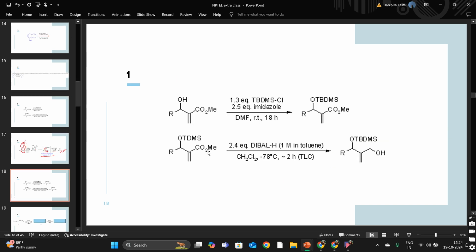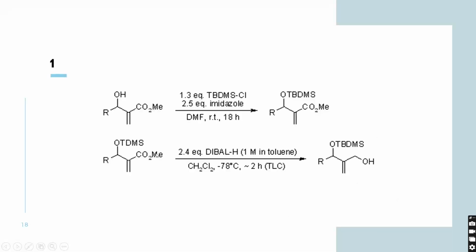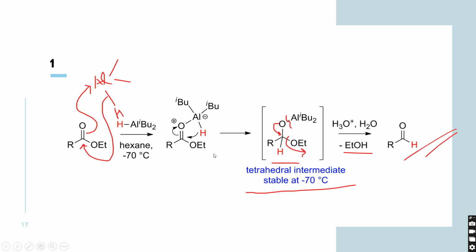So here we have an ester in the question. This ester will be reduced to the primary alcohol functionality in the presence of 2.4 equivalents of DIBAL-H. So this is the mechanism that it is going to follow.